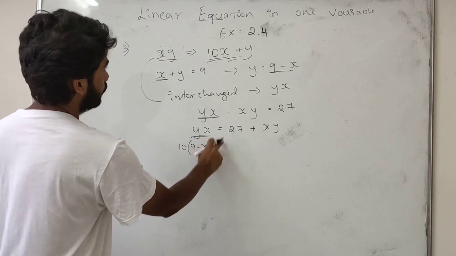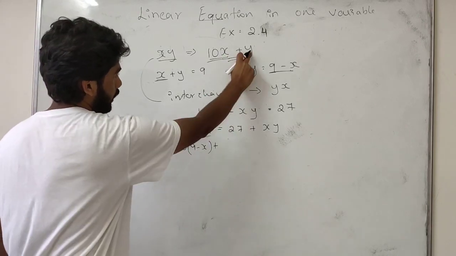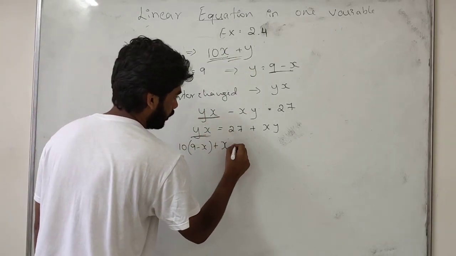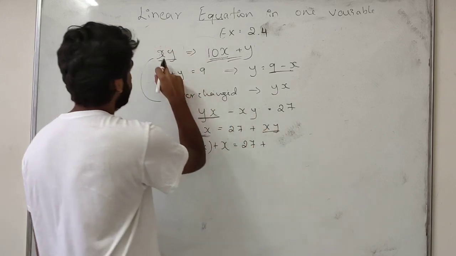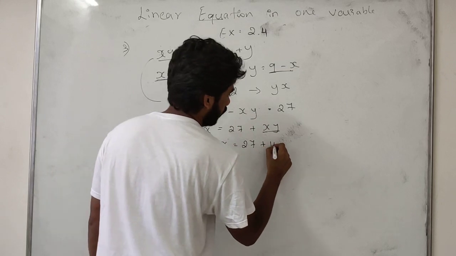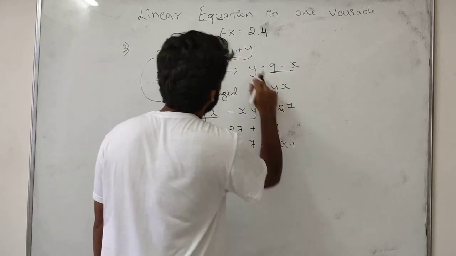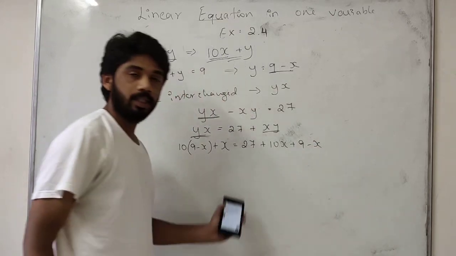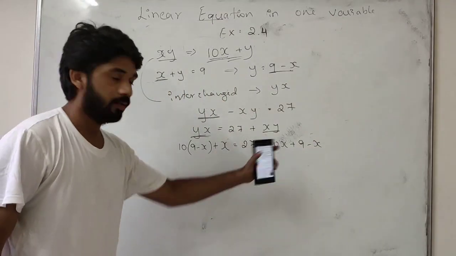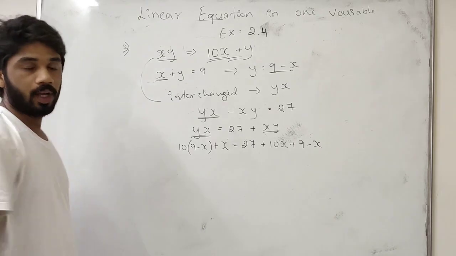So this is equal to 27 plus xy, which is 10x plus y, where y is 9 minus x. In this way we have to write the equation, and then we have to solve.